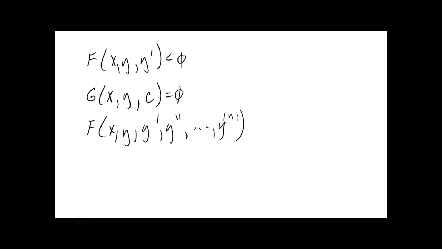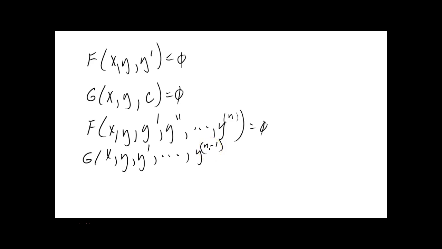If that's your function, and that's equal to 0, then you typically are going to have a solution. G will also depend on x, on y, on y prime, all the way up to and including y to the n minus 1.